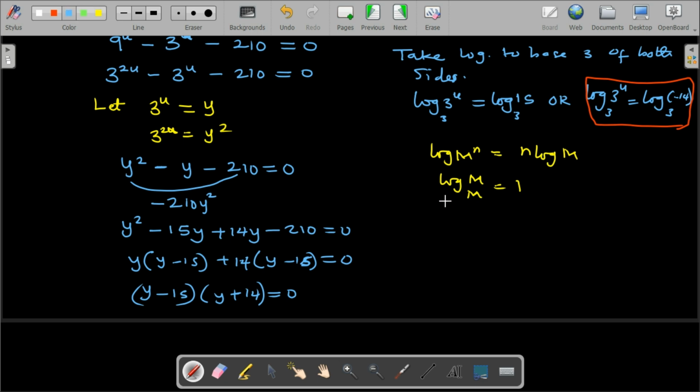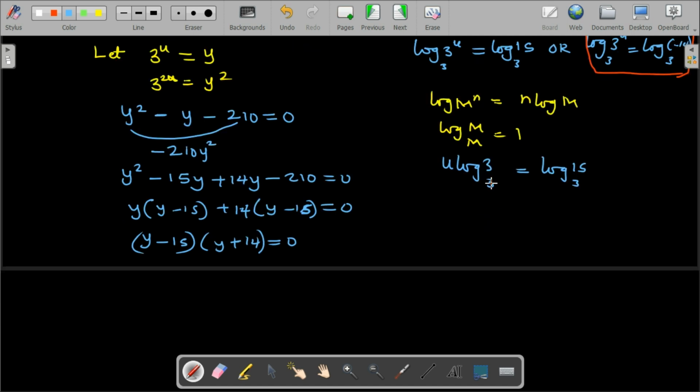It will give us u logarithm of 3 to base 3 equals logarithm of 15 to base 3. So from here, logarithm of 3 to base 3 is nothing but 1. Hence, our u is going to be what? Logarithm of 15 to base 3.